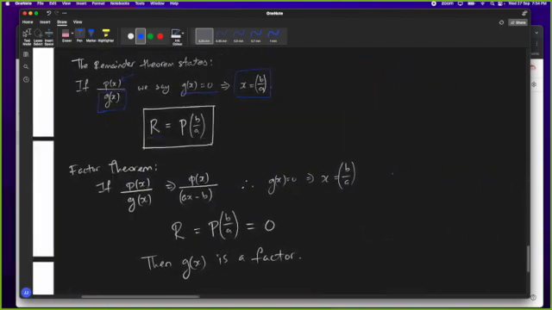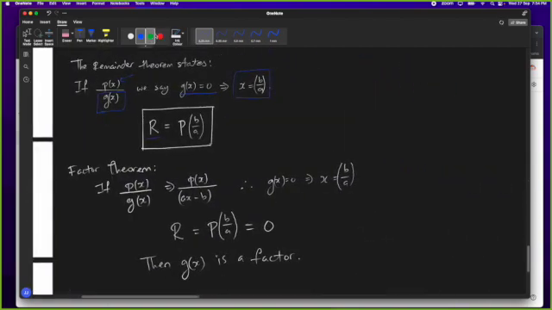This is the remainder and factor theorem. The remainder theorem: you take g of x, you find x, and you put that into p of x, and you will get the remainder.